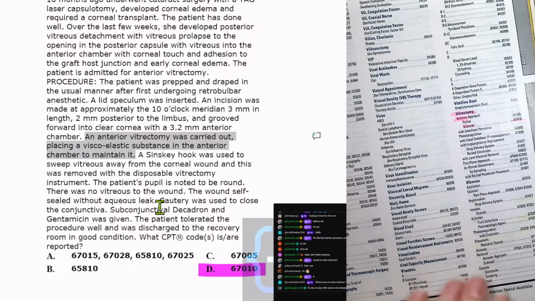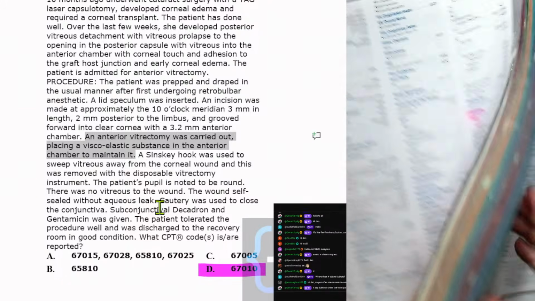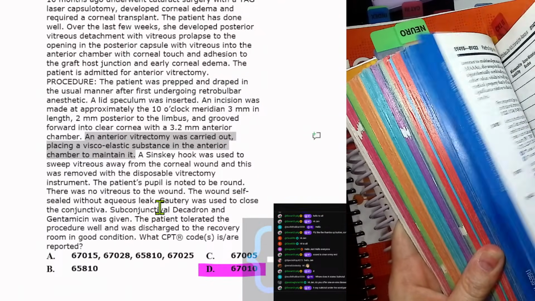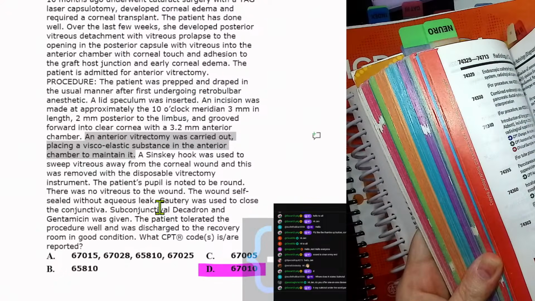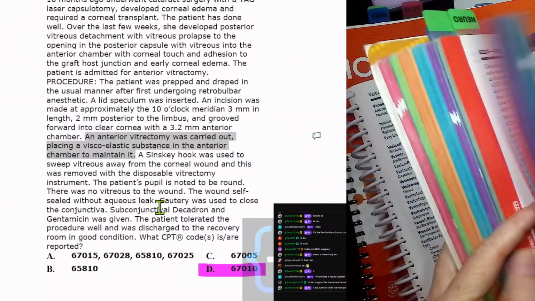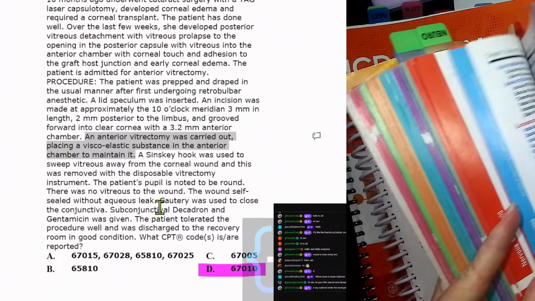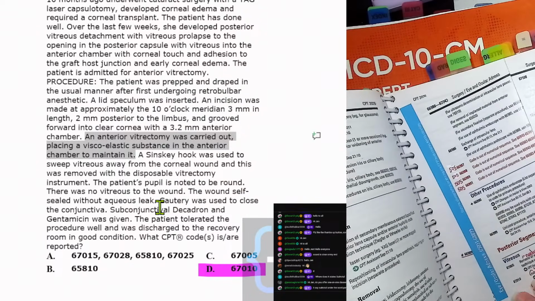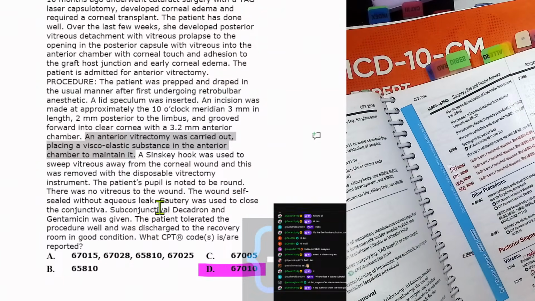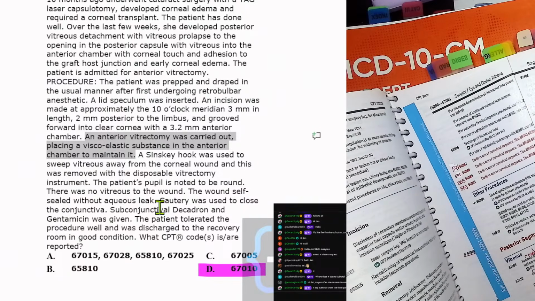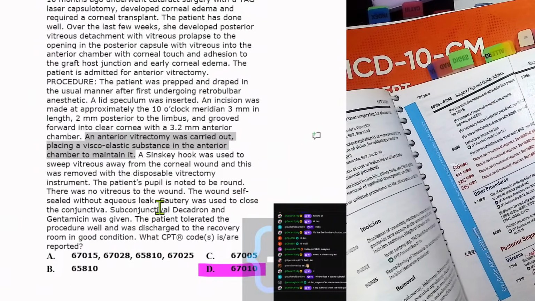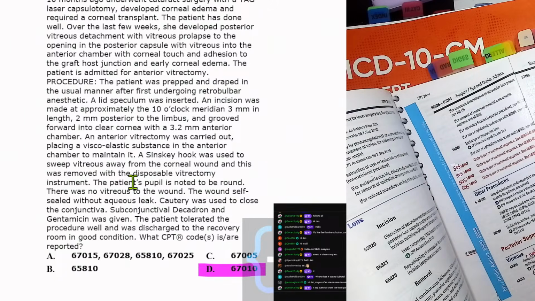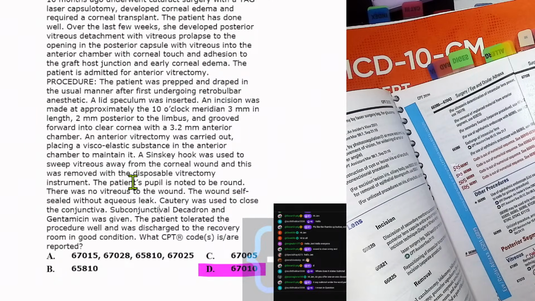If you go to your 67005, let's go look at that real quick. 67005. They use a needle with your 67005 to do the removal.